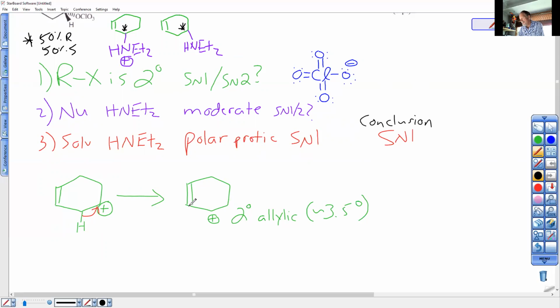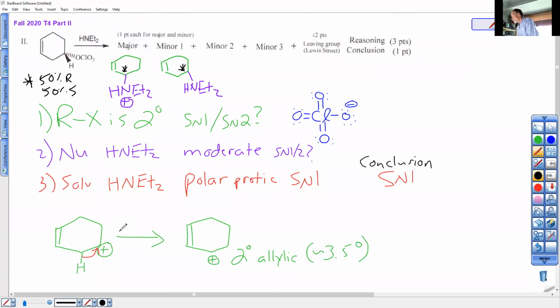Plus, just don't remove an H from an sp2 carbon. Take it from an sp3 carbon that's 1 carbon away. So you can do it there to make that product. You get the same product taking this H and removing it with a base instead of rearranging here. Make a double bond there. And I kind of like that double bond better than the other one because it can resonate with the existing double bond.